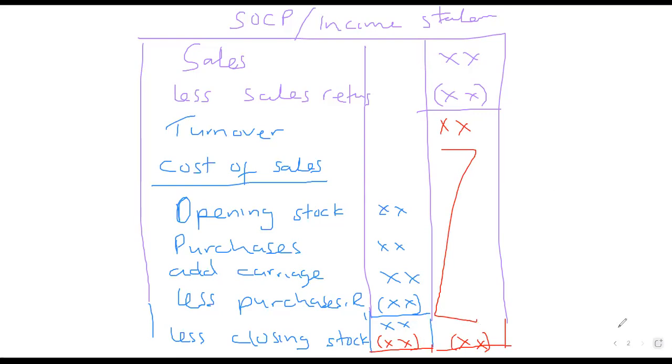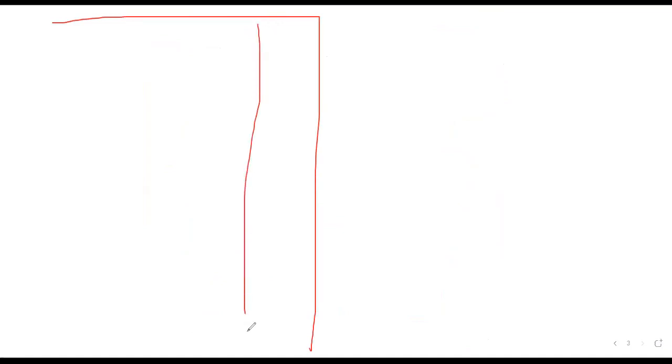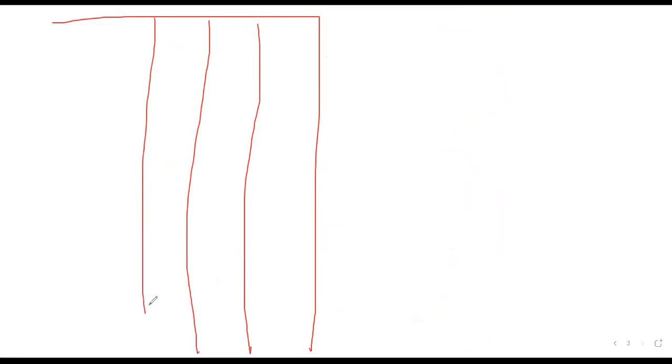Gross profit. Good, the gross profit. To the gross profit, we can add other income. What other income can we add, if any?